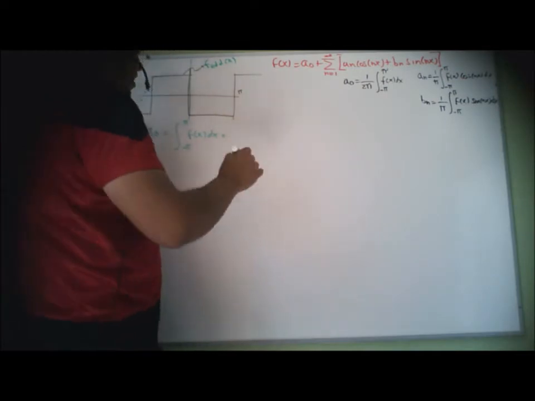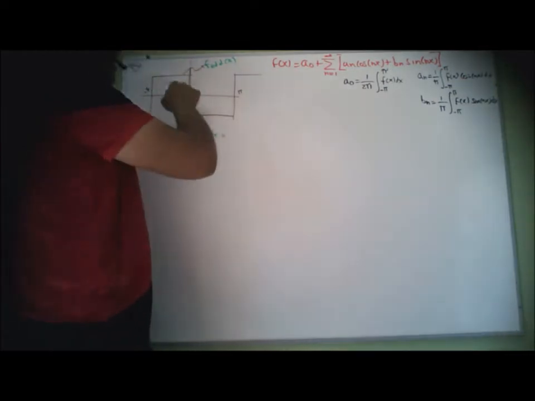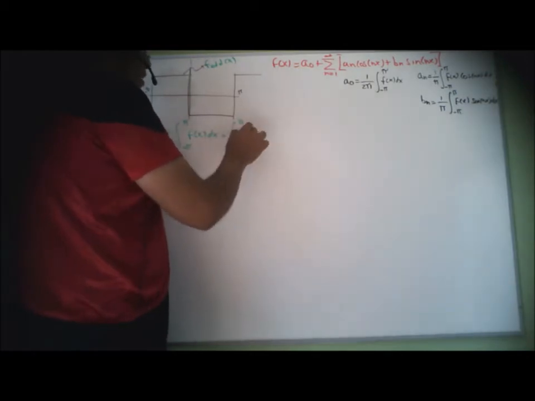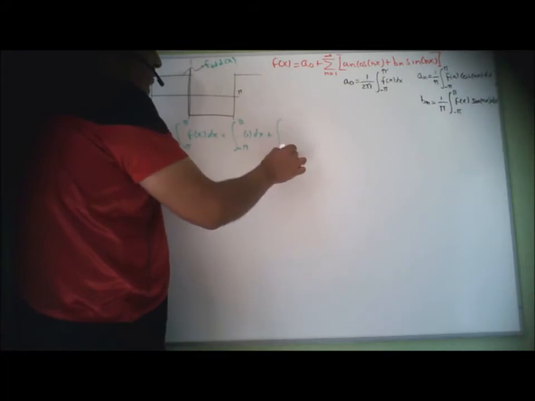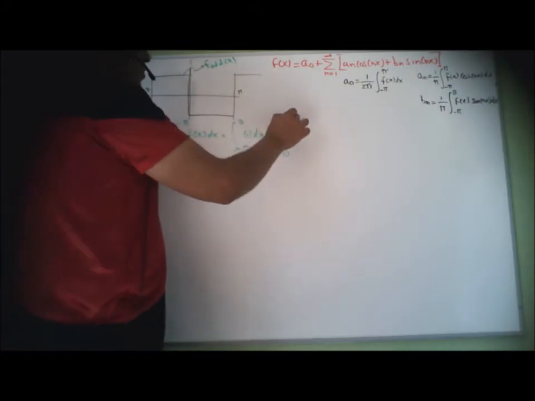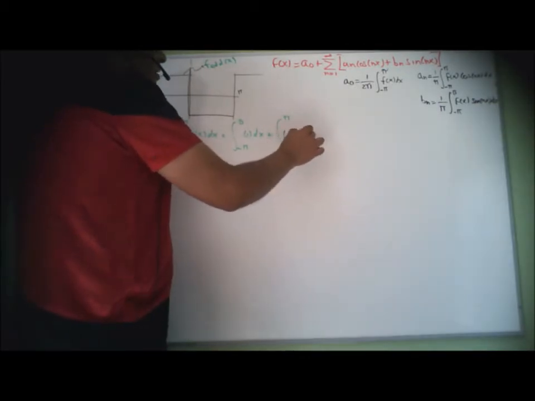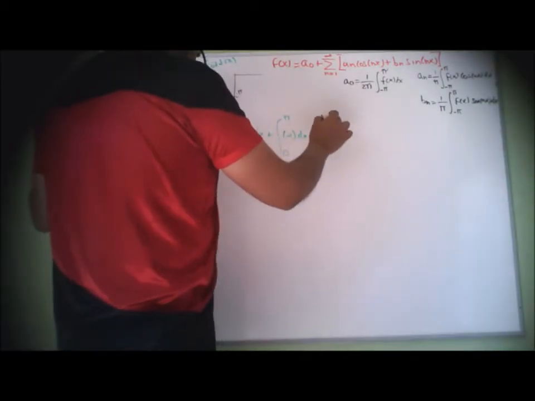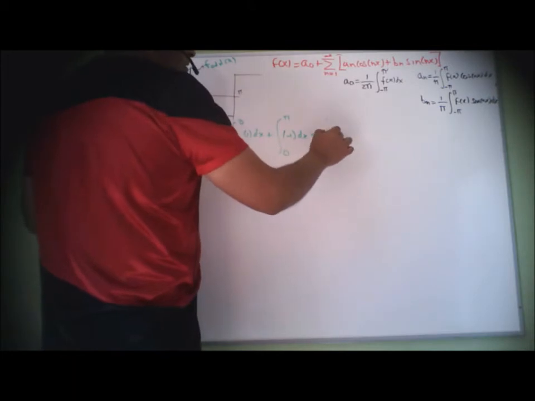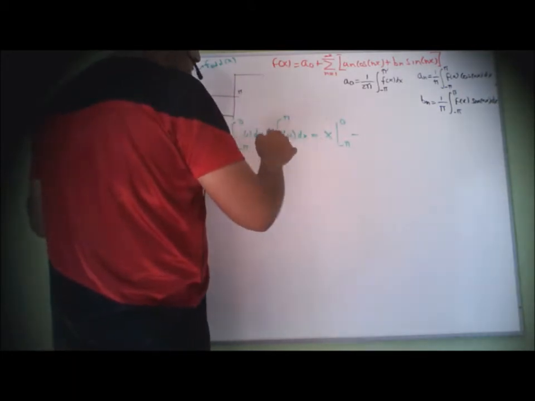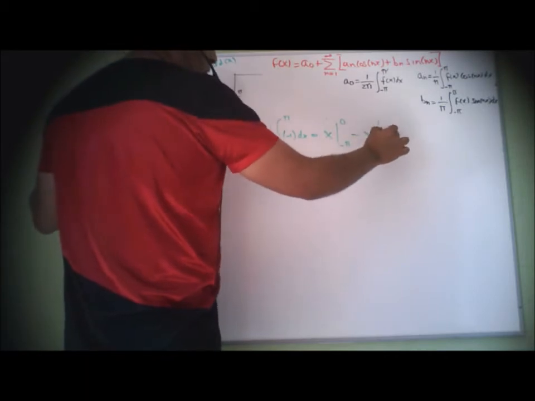Now, you can actually calculate that the result is going to be 0. We have to split this integral in two: the integral from minus pi to 0 of 1 differential of x plus the integral from 0 to pi, and in this region it is going to be minus 1, differential of x. So the integral of 1 is just x, from minus pi to 0, and then minus, this minus goes here, x from 0 to pi.